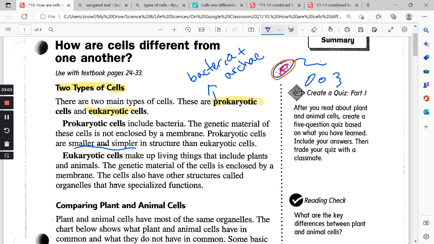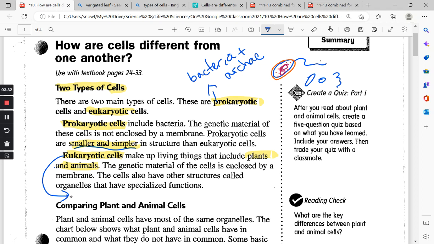So next up, we've got our eukaryotic cells. We can highlight some of these things here for ourselves. Here we are. Eukaryotic cells. That includes plants, animals, fungi, seaweeds, protozoans, basically everything else that is not bacteria or archaea.